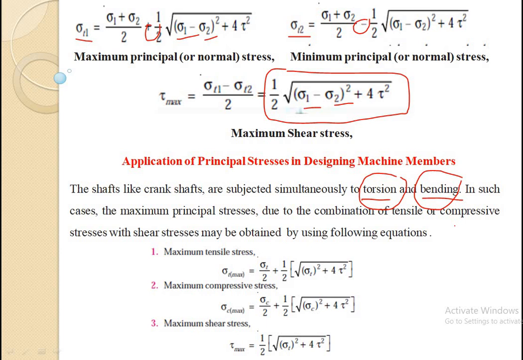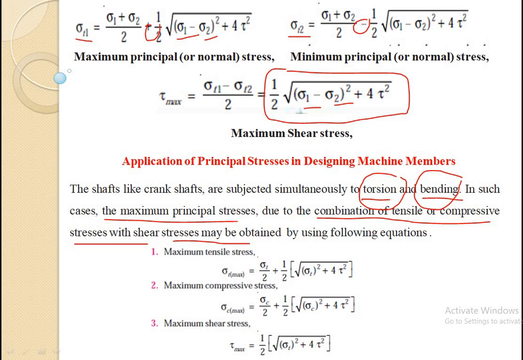When there is a simultaneous occurrence of torsional stress and bending stress, the maximum principal stress is due to the combination of these tensile or compressive stresses with the shear stress taken into account. Keep in mind, the maximum value of tensile stress and the maximum value of compressive stress are accompanied with shear stress.